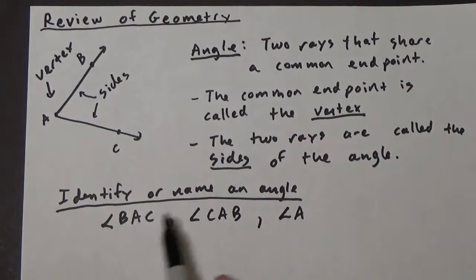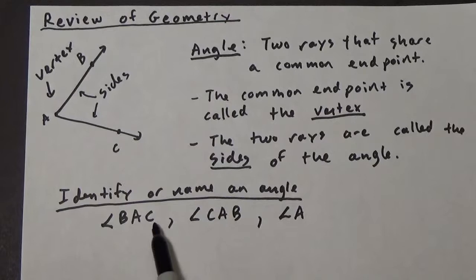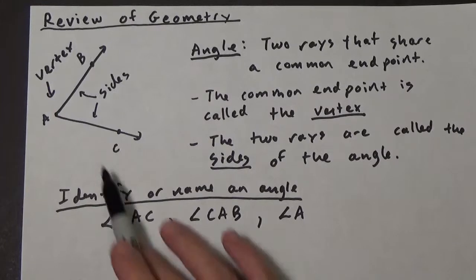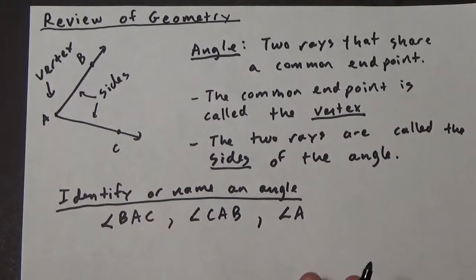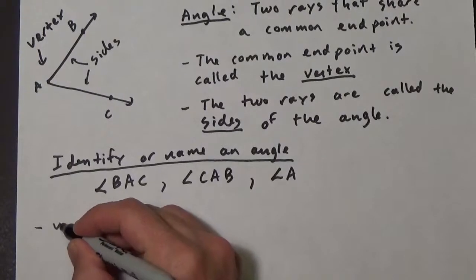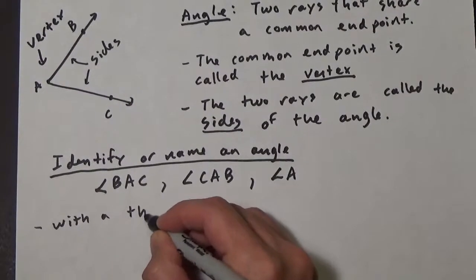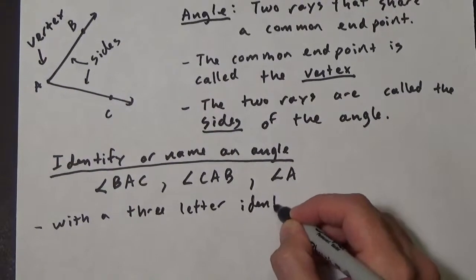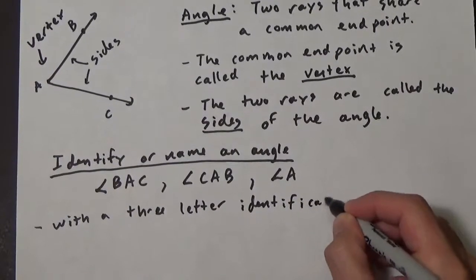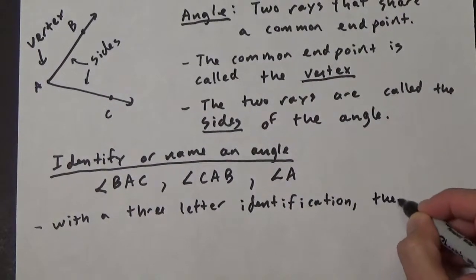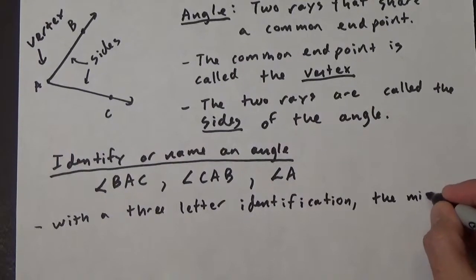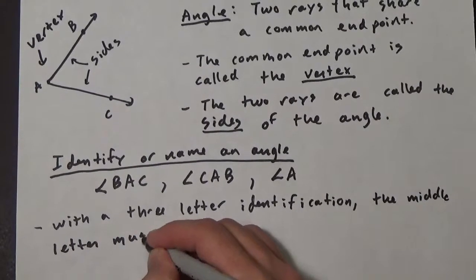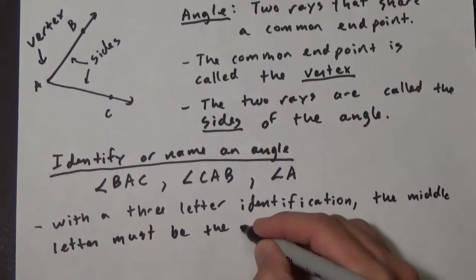Now there are some things that are specific when identifying the angle. Let's look at the three-letter designations. When we use a three-letter identification, notice that the vertex is always the middle letter. That's important. So with a three-letter identification, the middle letter must be the vertex.